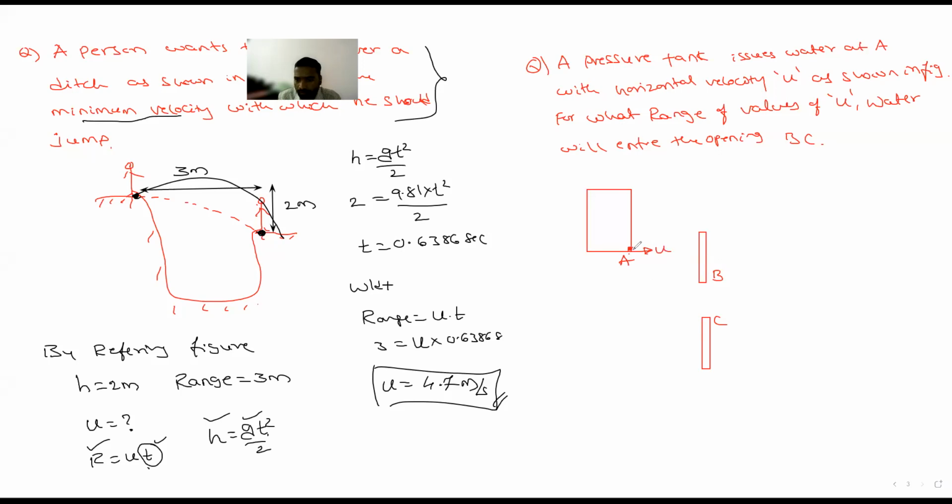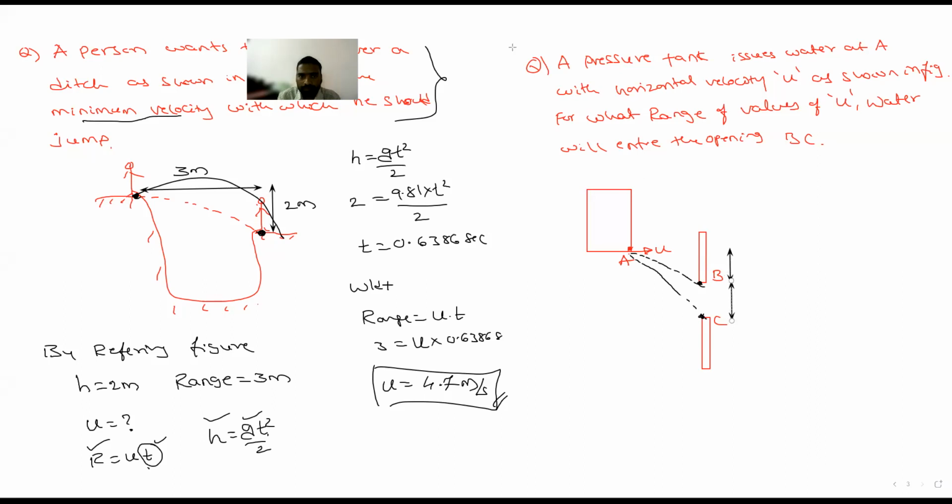Okay, and the water particle will come, and in order to pass this one, it has to come. This is one point and this is another point. Then he has given the height from the bottom of the tank to B, and the height from this point to this point.